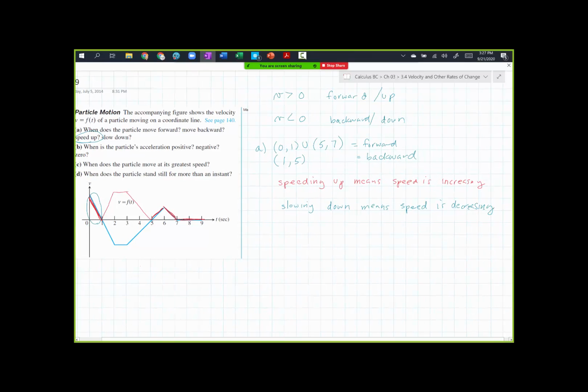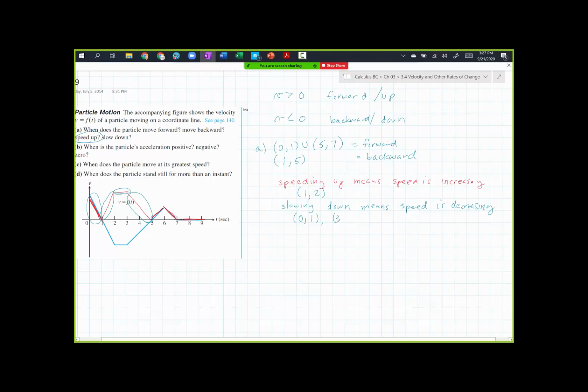So I'm going to say it's slowing down on the interval from 0 to 1, and then the speed goes up, so it's speeding up from 1 to 2. What happens here? It's maintaining a steady speed. It's not speeding up, it's not slowing down at all. From 3 to 5, it's slowing down.